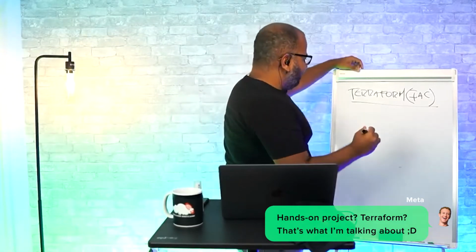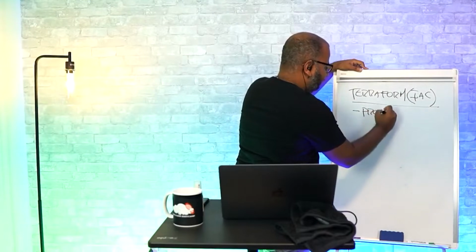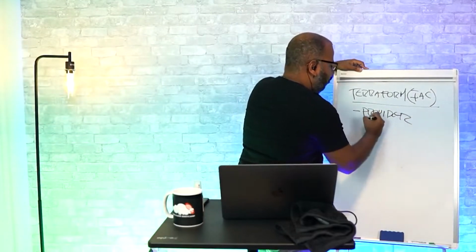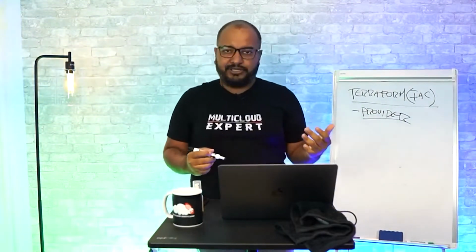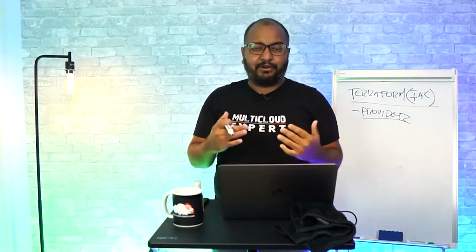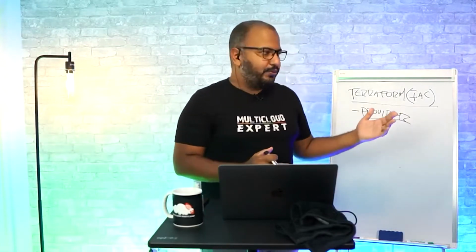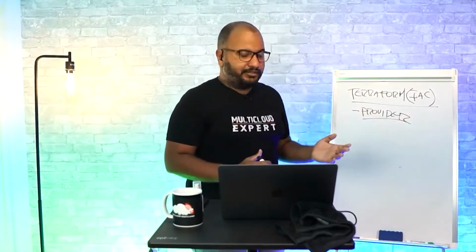And there are a few concepts I wanted to share with you. The first one is the provider, okay? When you work with Terraform, you're going to see that Terraform gives you a provider, which is a kind of plugin that Terraform will use to communicate with the cloud providers.